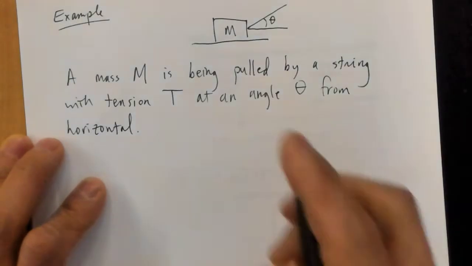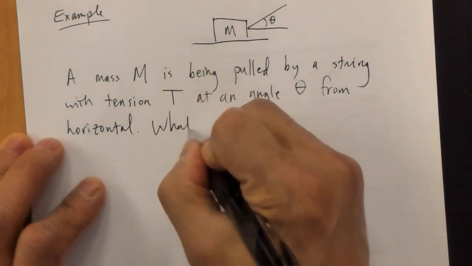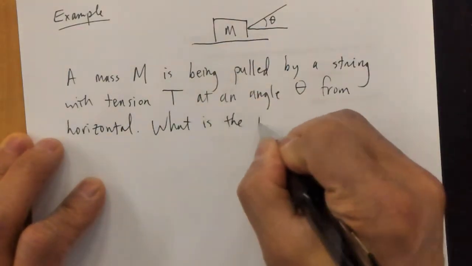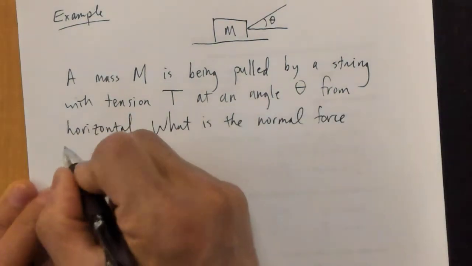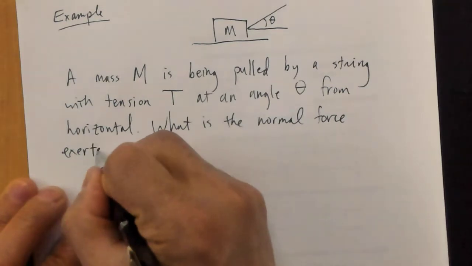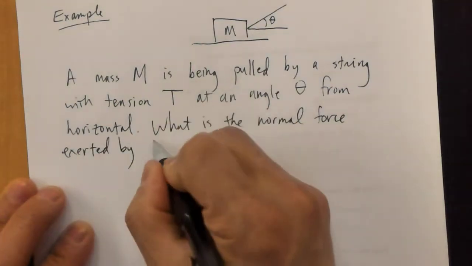The question is, what is the normal force exerted by the frictionless horizontal surface?